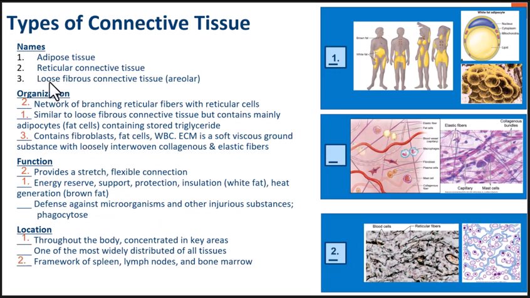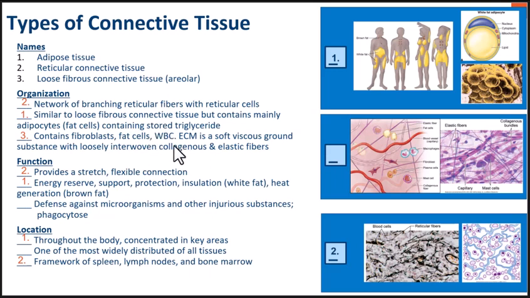The third type of fibrous connective tissue is loose fibrous connective tissue, also known as areolar. Areolar connective tissue or loose connective tissue contains a lot of fibroblasts. It contains fat cells, and that's where it has a similarity to the adipose tissue mentioned earlier that is similar to the loose fibrous connective tissue.